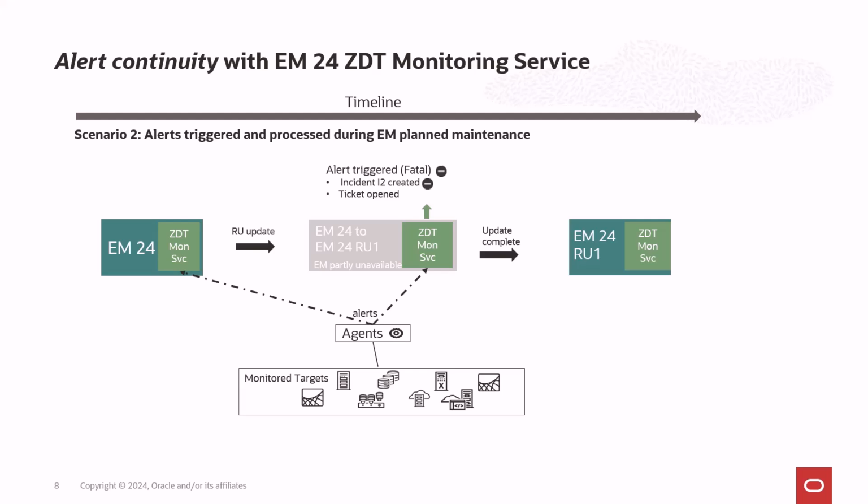Let's say the target was brought back up, resulting in a clear severity, which ZDT monitoring will process and clear the incident and ticket accordingly. Hence, you can see how alerts can be triggered and processed, and their life cycle from fatal to clear severity seamlessly processed even throughout EM planned downtime events.